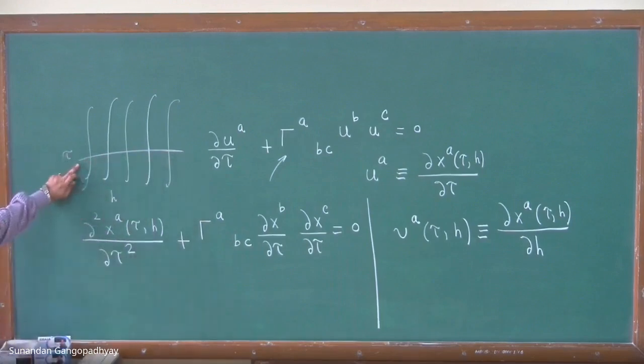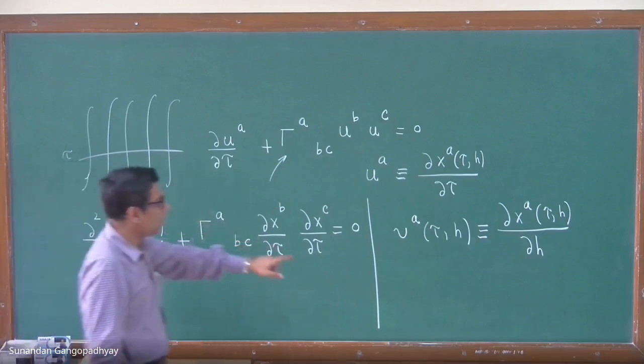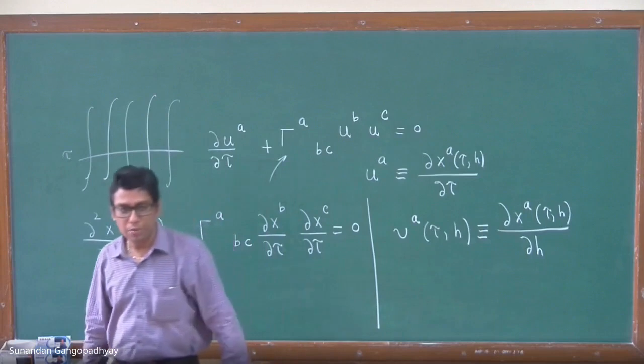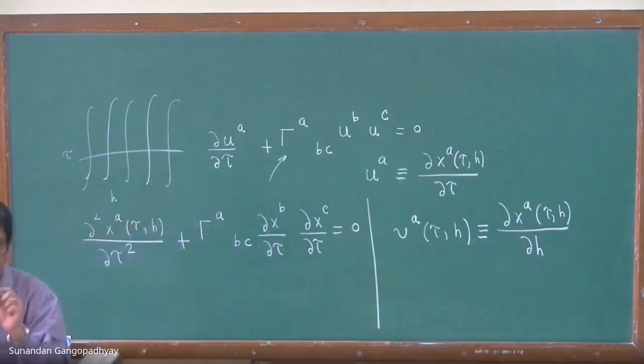So for a given fixed value of tau, this V^A tells you how close two infinitesimally close geodesics are.